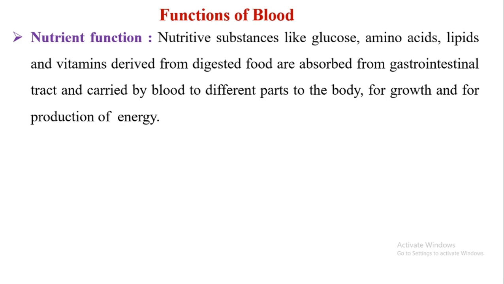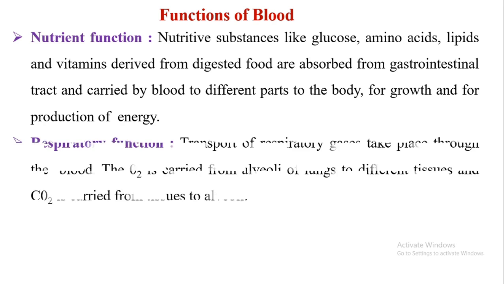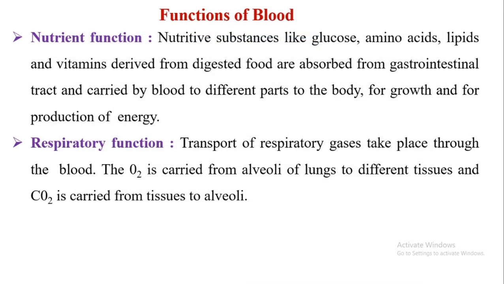Now lastly, the functions of blood. Nutritive function. Blood carries nutritive substances like glucose, amino acids, lipids and vitamins. They are derived from digested food and absorbed from the gastrointestinal tract, and are carried by the blood to different parts of the body for growth and production of energy. The second function is respiratory function.